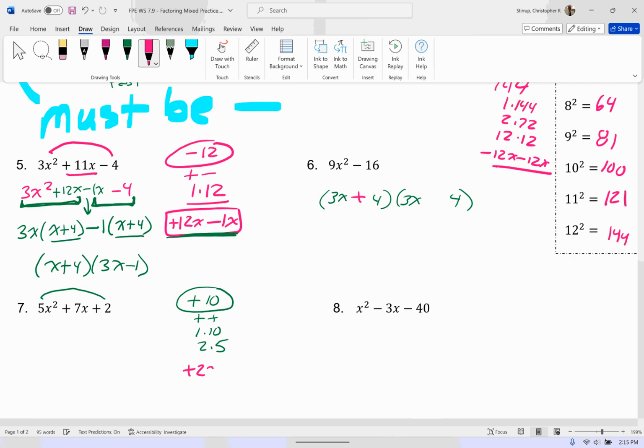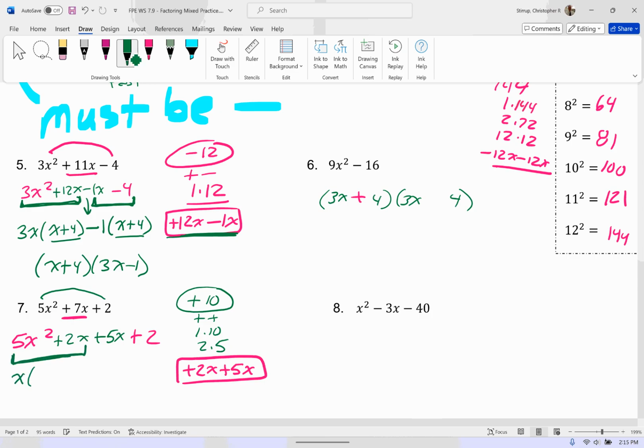All right, so plus 2x plus 5x. That's going to plug in right there. Bookends down. Squeeze it in. What do I have in common between these two?